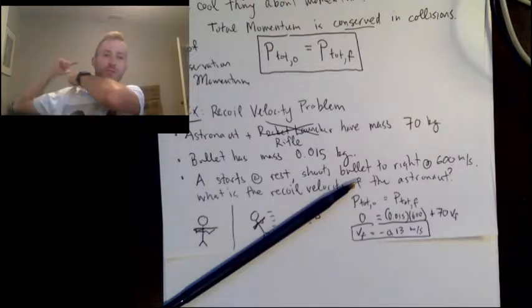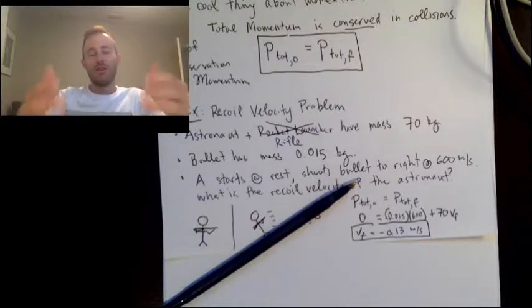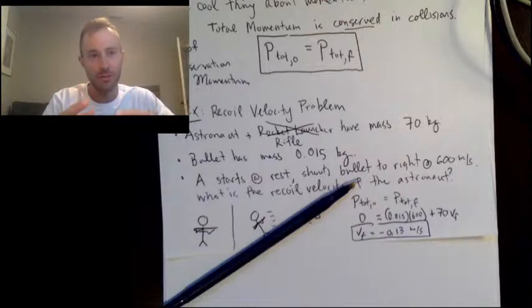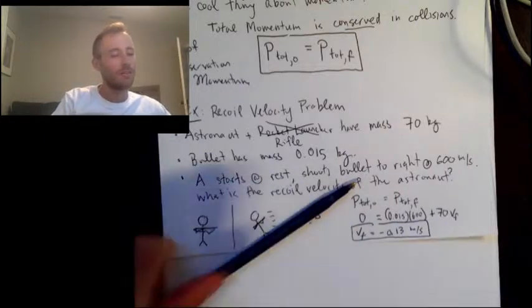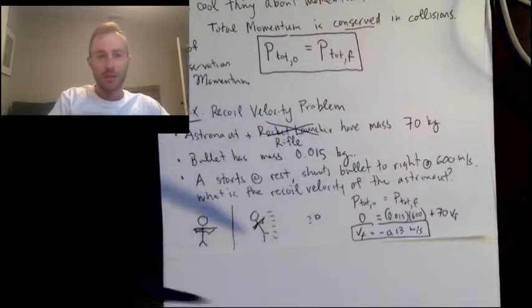So you don't actually go flying backwards, okay? You don't go anywhere. And the reason for that is because the Earth has absorbed that momentum, not really you, okay? So that's why I tend to have momentum problems set in outer space so that we can really see what is happening to the things afterwards, okay?